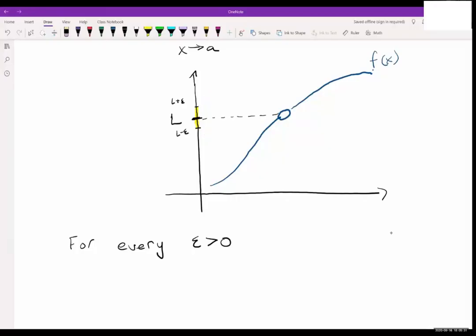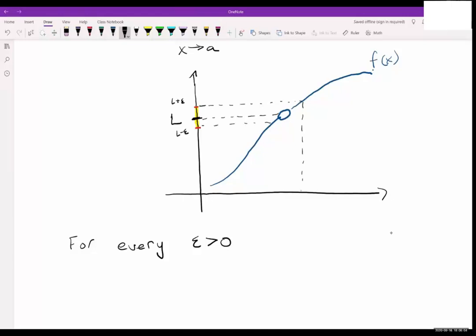You can get your y value as close as you want to that value L. I want you to imagine these two little hash marks, which I'll do in red, can move closer and closer to L, but never be on top of L.